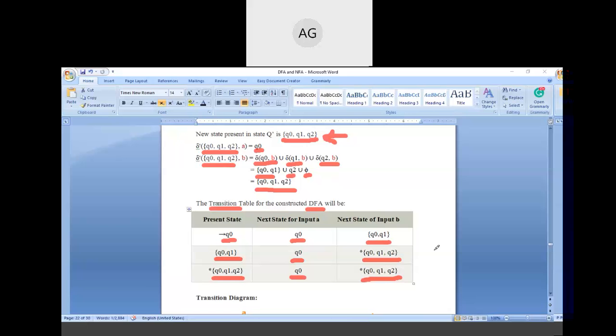And in the last step, we need to convert this transition table into the transition diagram, and the transition diagram we get is the final answer. So let's discuss how we can convert this transition table into the transition diagram of the DFA.